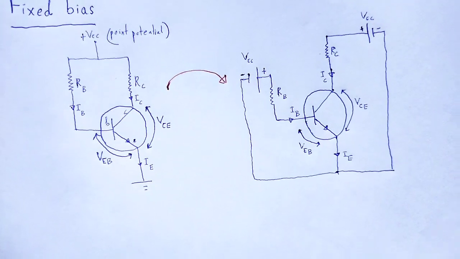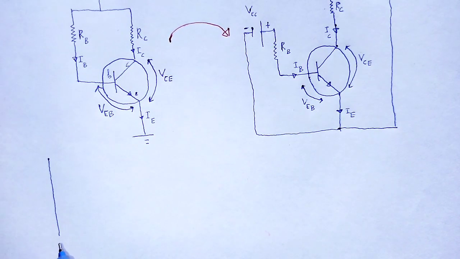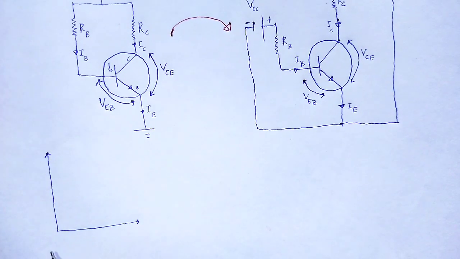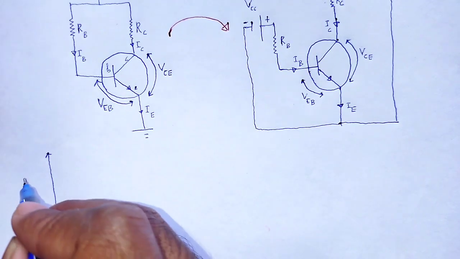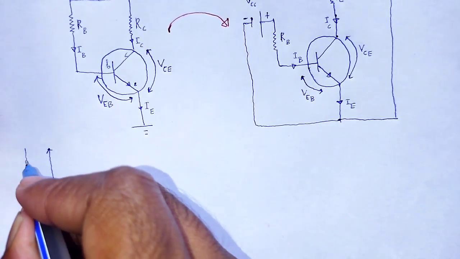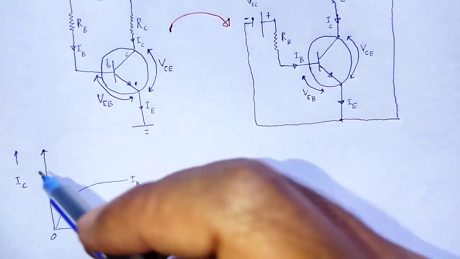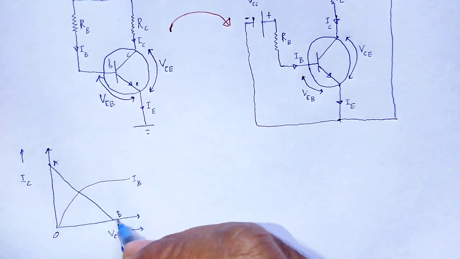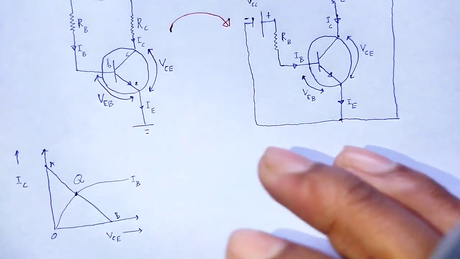In the DC load line, look here, if I plot a DC load line, that is the output characteristic between VCE and IC at a constant IB. The DC load line AB cuts that IB at a point which is the Q point or operating point.